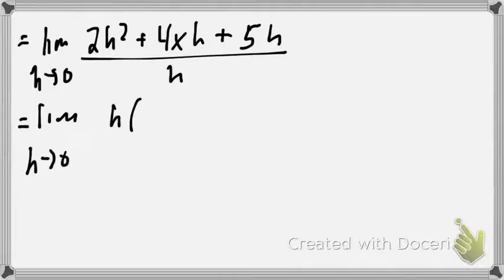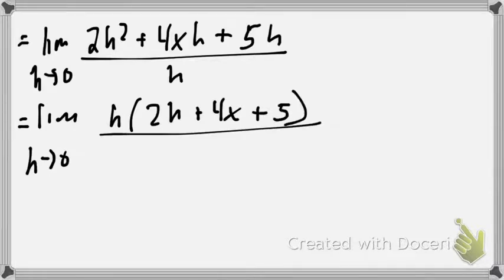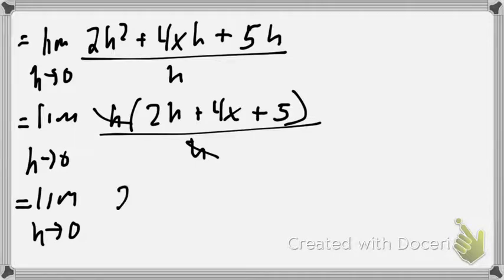We can factor out an h, so we're left with h times 2h plus 4x plus 5. These h's cancel, so 2h plus 4x plus 5.